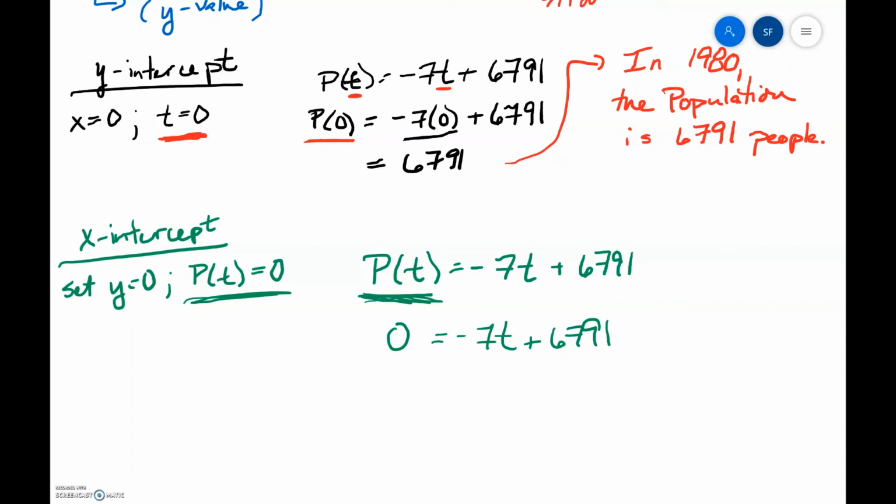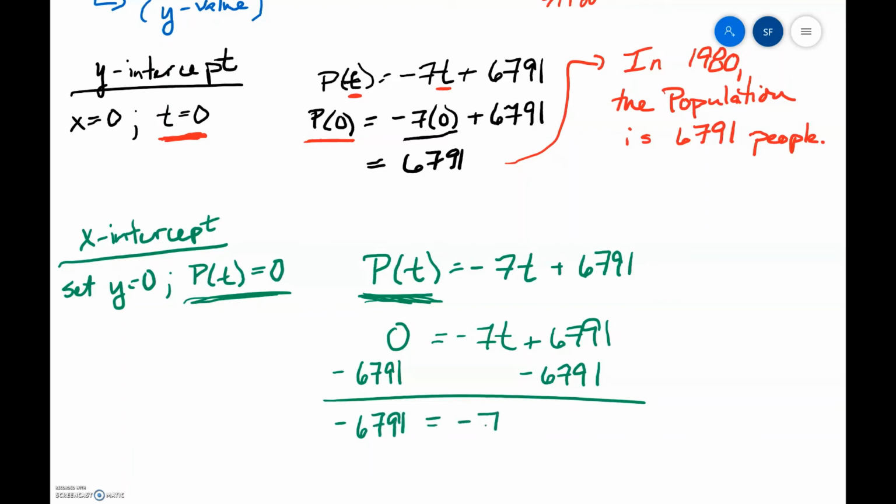Now this won't simplify out. We're going to need to actually solve it, so we're trying to get the t by itself. The first thing we're going to do is subtract the 6,791. What you do on one side, you have to do on the other. That leaves minus 7t. Right now this is 7 times t, and the opposite of multiplying is dividing, so I'm going to divide by negative 7.